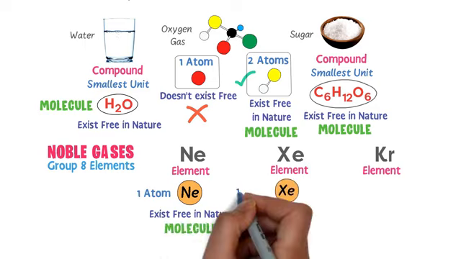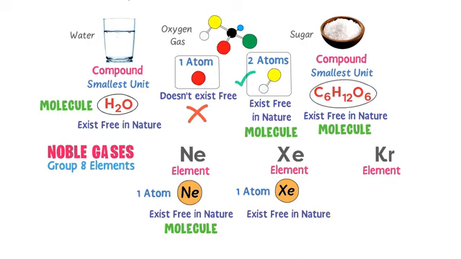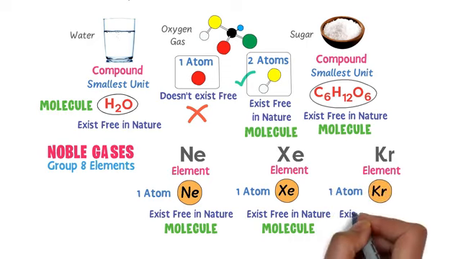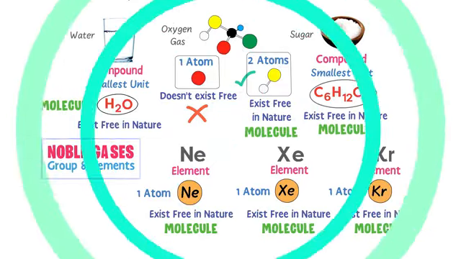If I take a single atom of xenon, it exists free or independent in nature, so it is a molecule. If I take a single atom of krypton, it also exists free or independent in nature, so it is also a molecule. Thus remember that only the atoms of group 8 elements are molecules as well as atoms.